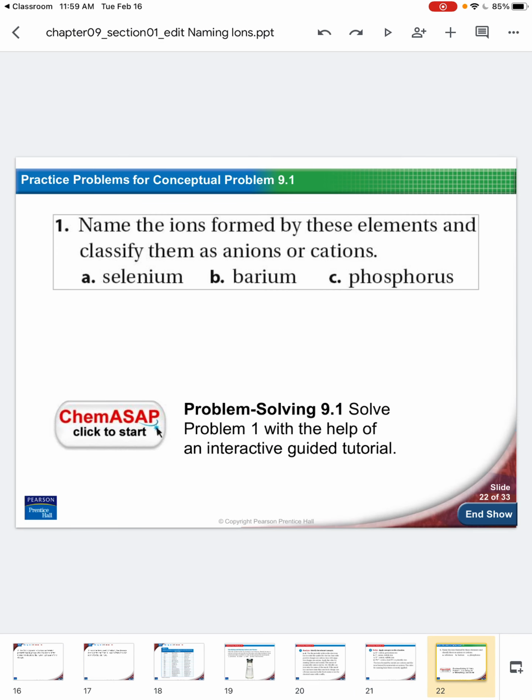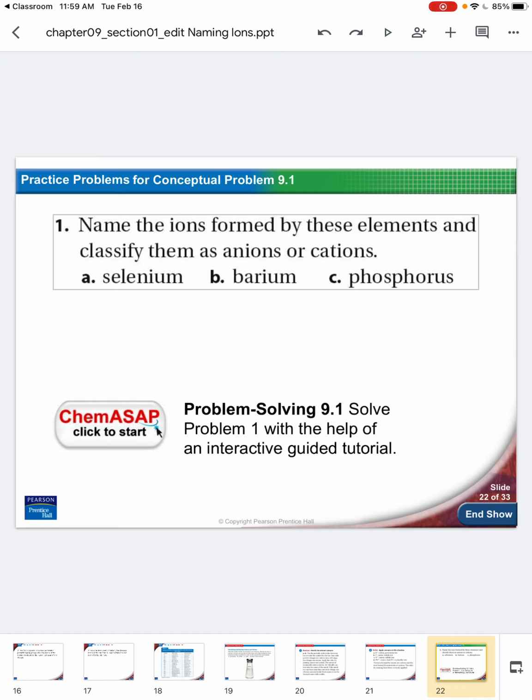Okay, so here's another quick set of questions. Name the ions formed by these elements and classify them as anions or cations. Metals form positive cations. Non-metals form negative anions. So let's do it. Selenium, where is it in that periodic table? I want to say it's group 6, but I'm checking a periodic table right now.